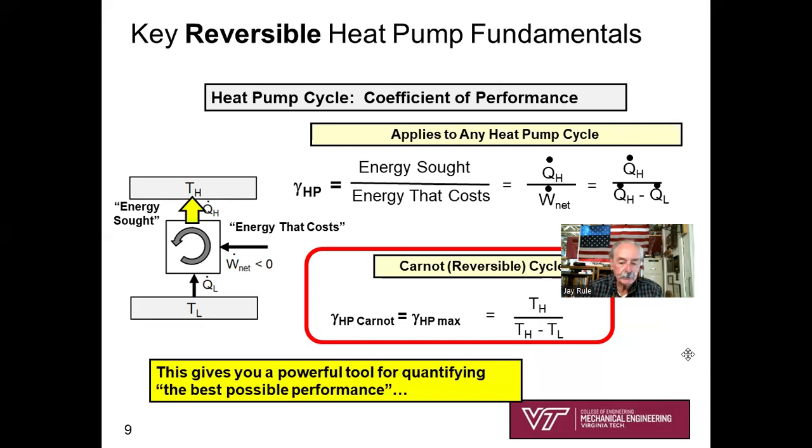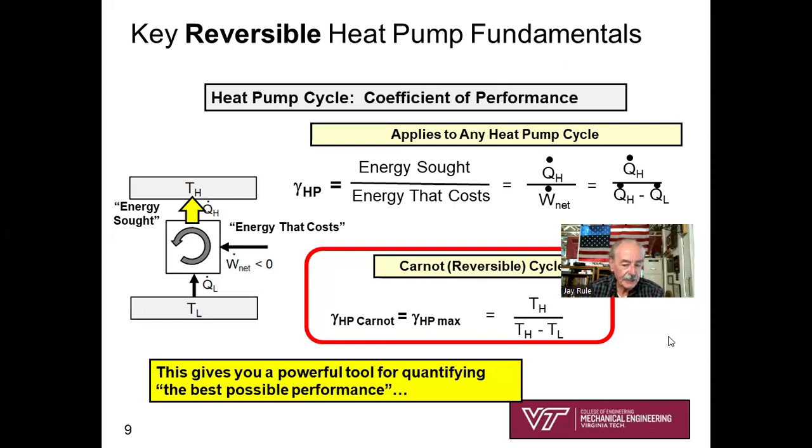And that enables you in class to derive this relationship that I've got in red. So let's look at the slide. Here's my sketch for the homework problem. Here's my yellow arrow. That's our objective, energy sought. We just talked about the definition for any heat pump cycle: the coefficient of performance is Q̇_H over Ẇ_net. And by the first law, the denominator becomes Q̇_H minus Q̇_L, previous slide.